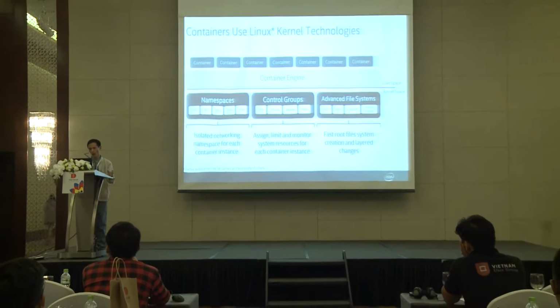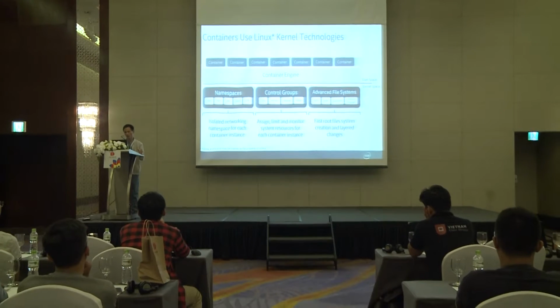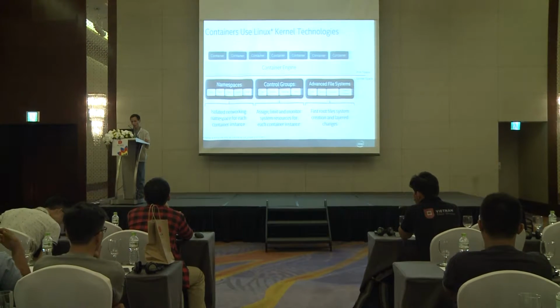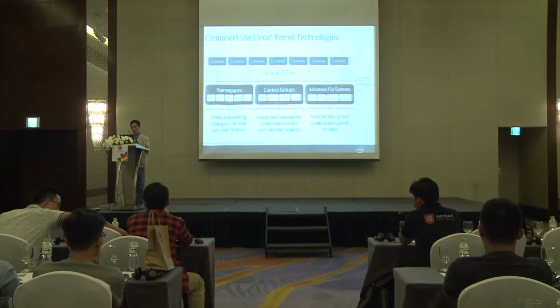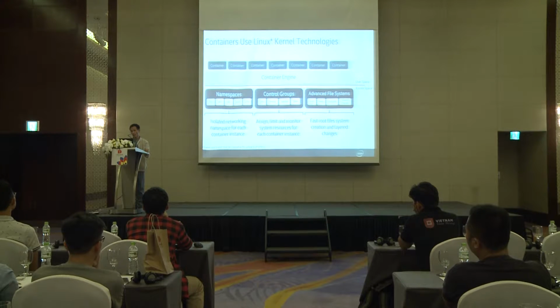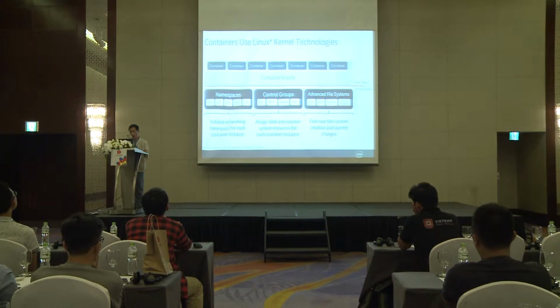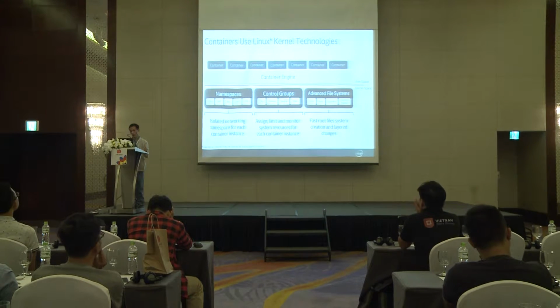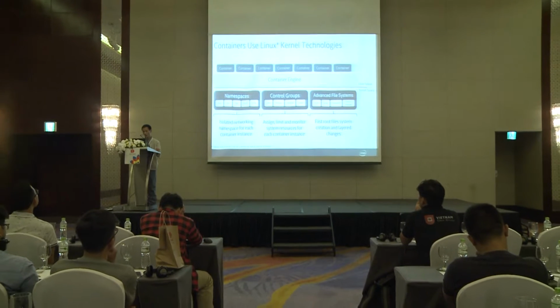Namespace is to isolate the process ID, network, IPC resources, file system, and machine name. With namespaces in the Linux kernel, each namespace has these resources separated, right?